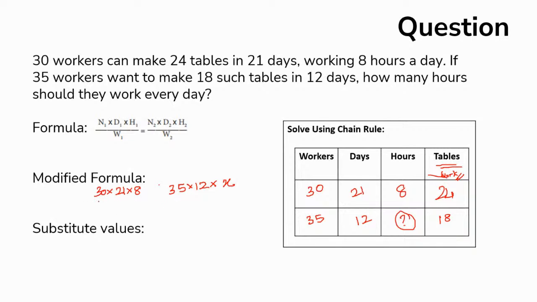In the first case it is 24 tables, so divided by 24. In the second case it is 18 tables, so divided by 18. If we calculate it, you'll get it.